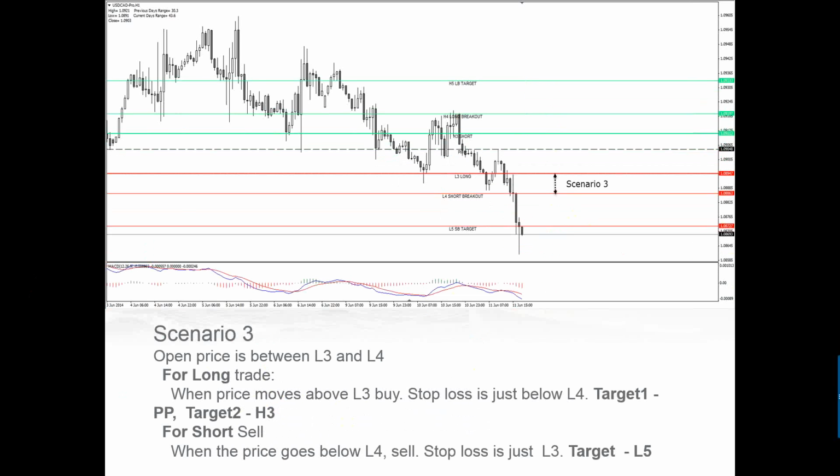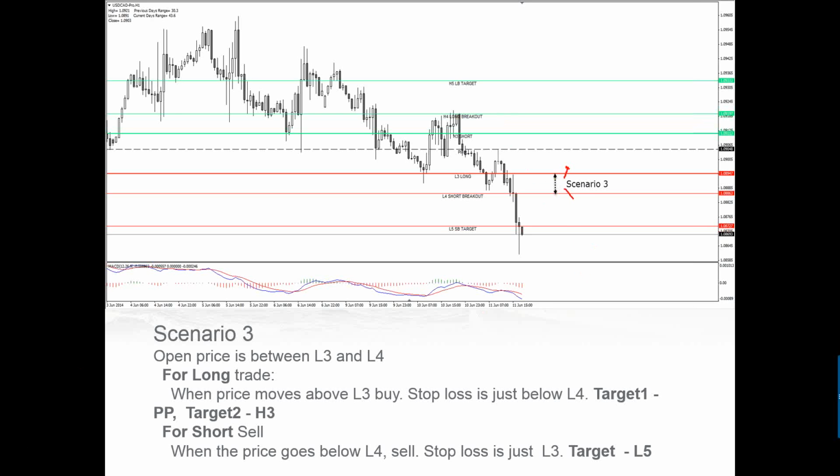Okay, question about scenario 3. Price moves up and breaks out H4. So scenario 3, we do not have H4 in scenario 3. In scenario 3, if the price opens here and goes above L3, we buy. If it goes below this point, we sell. That is scenario 3.